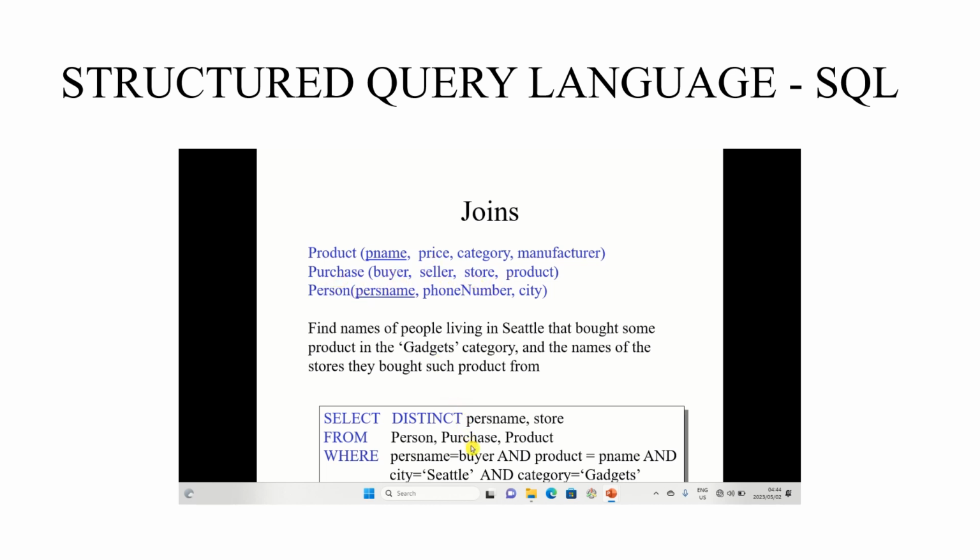So put purchase. So we've got all three tables involved now: person, purchase, product, and we'll have to establish some joins amongst all three. Okay. Yes, but some product in the gadgets category and names of the stores they bought such products from.